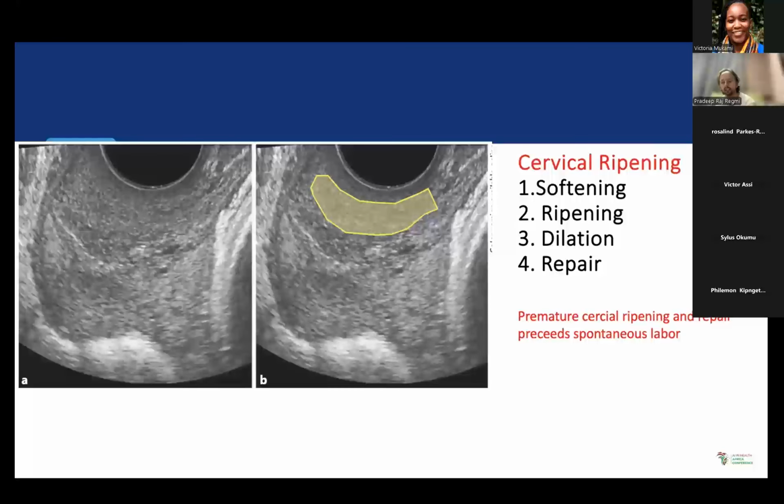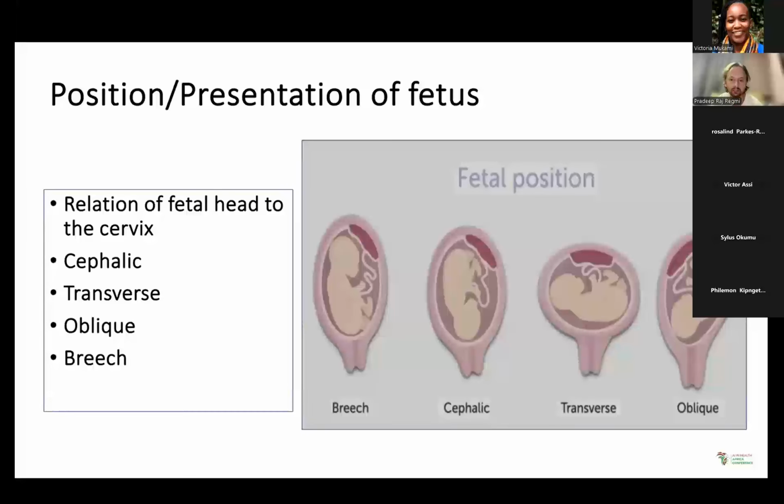With gestational age, there will be softening, ripening, dilatation, and repair of the cervix, and this texture evaluation can help in prognostication of delivery. Premature cervical ripening can be detected in the early trimester, so that it can prevent spontaneous labor. So this is one that can be applied for AI integration in our ultrasound machine.